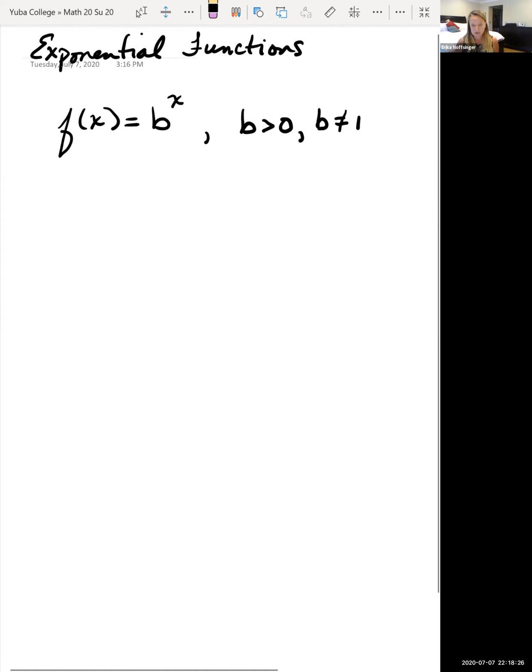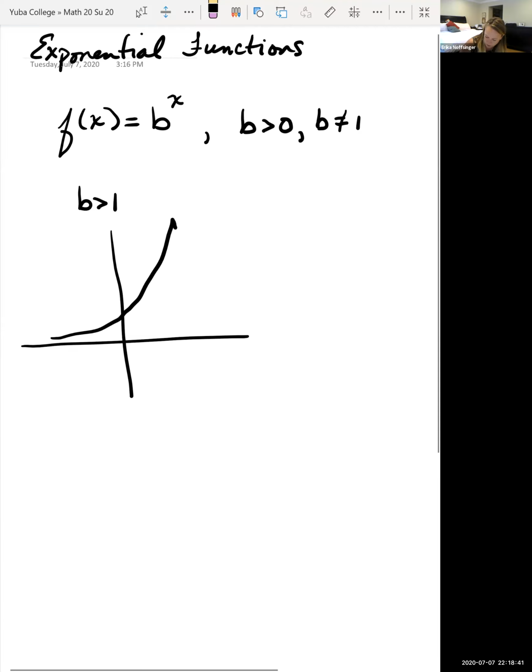Graphing your exponential function, it depends on your value of b. If b is bigger than 1, then it's going to have the following shape. So this is the graph of f of x equals b to the x if b is greater than 1.